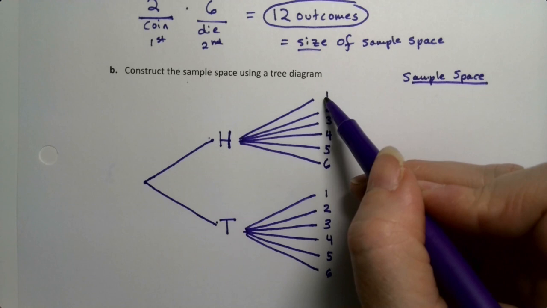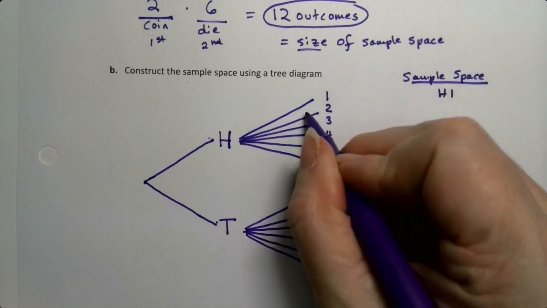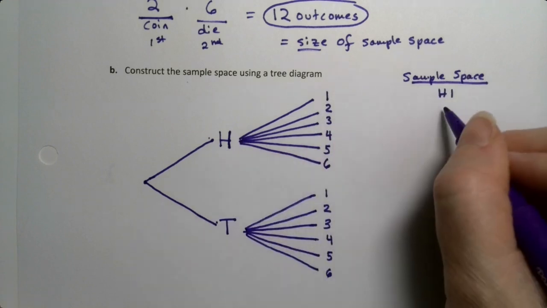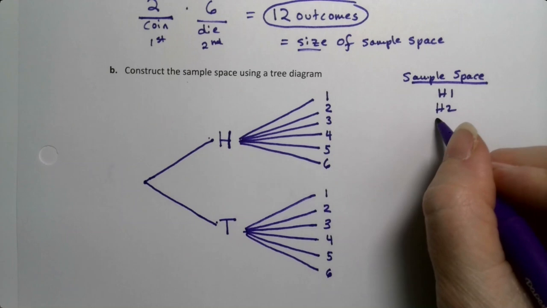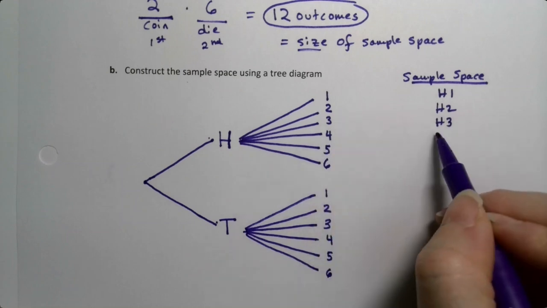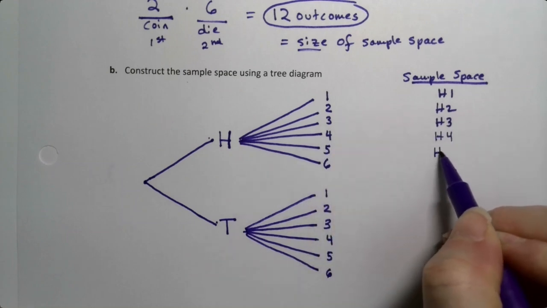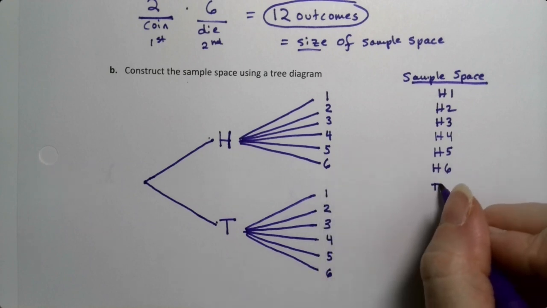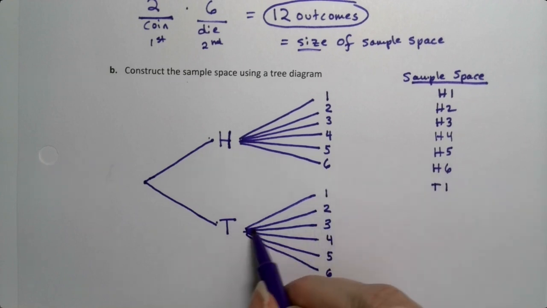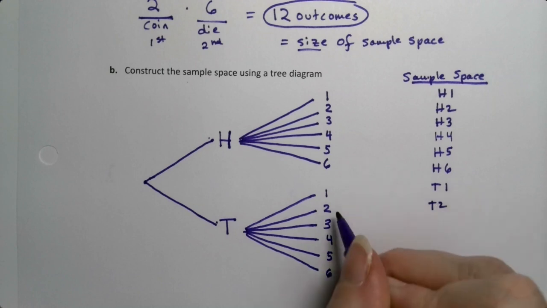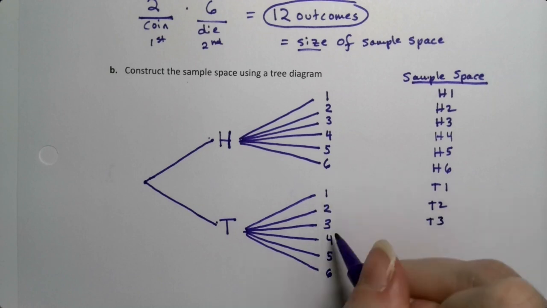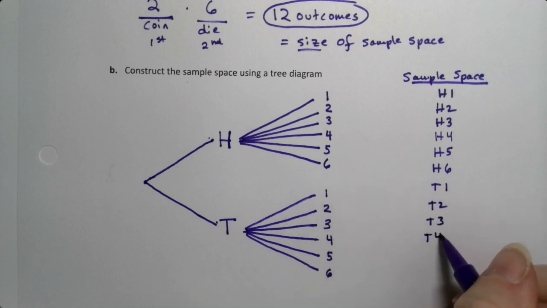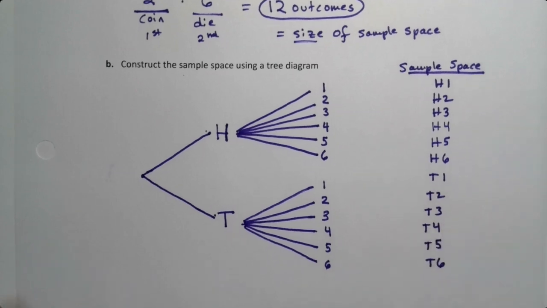So H1, and then this 2 was H2, this 3 was H3, H4, H5, H6. This 1 was a T, right? So T to 1, T to 2, and so on. So each one of these values here at the end gets associated with a value or a label in the sample space. And there we have it.